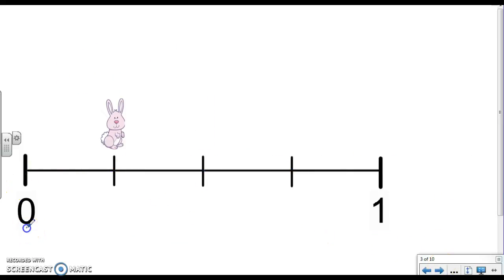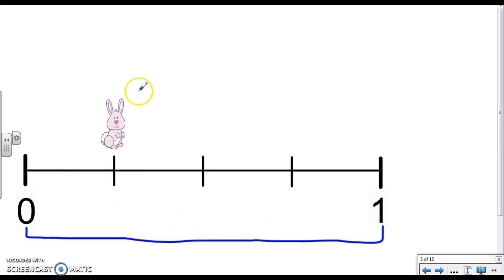In this case, our bridge is one whole bridge long, and we want to figure out how far he has jumped out of the total number of jumps it takes to get across the bridge. So we are first going to count how far he has jumped.